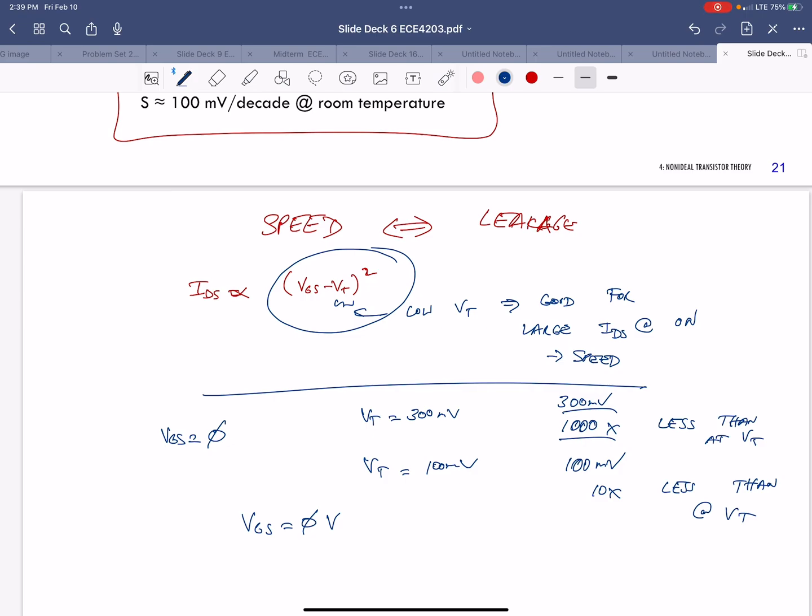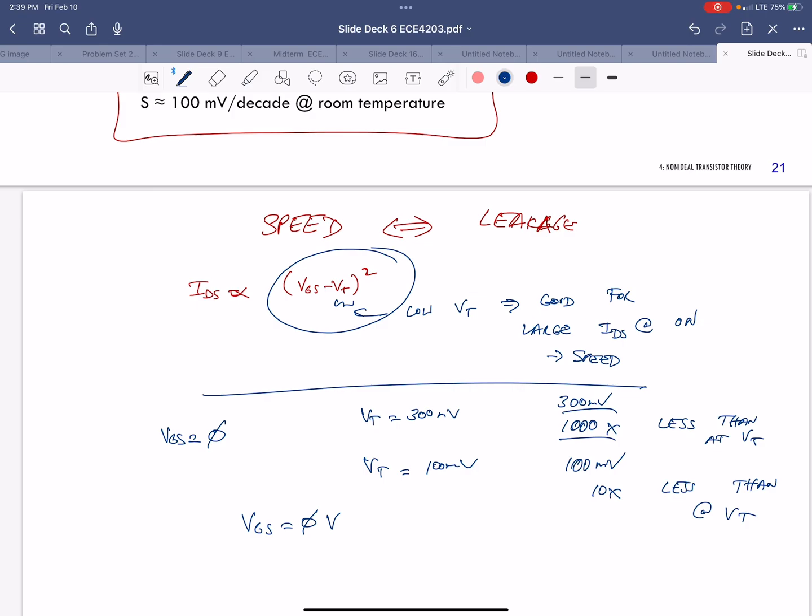That means if your VT was 100 millivolts, 0 is only one 100 millivolt increment. Your leakage current is only 10x lower than what it was at VT. Okay? Let's say if your VT is 300 millivolts, now you're 1,000 times less than you were at VT. So the higher your VT is, the more off your off transistors are going to be.